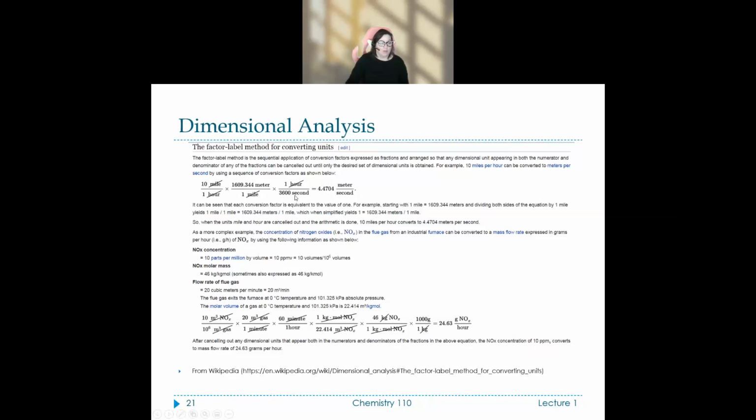Now, you may not be able to go from hours to seconds directly. You may have to go from hours to minutes and then minutes to seconds. I have to do it that way, and that's okay. Notice 10 miles times this thing per mile. The miles, one's on top, one's on bottom. I can cancel those. So I've gotten rid of the miles, and I now have an answer in meters per hour at that point.